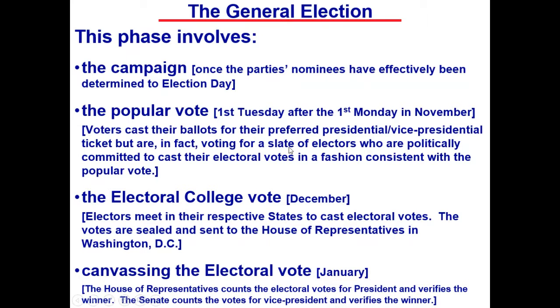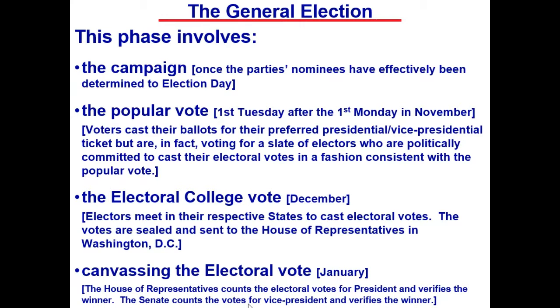But let's get the calendar finished off real quickly. So in December, the electors meet in their respective state capitals to cast their electoral votes. The votes are then sealed and sent to Washington, D.C., where the new Congress in January, you may remember this was really big in the news in January of 2021.